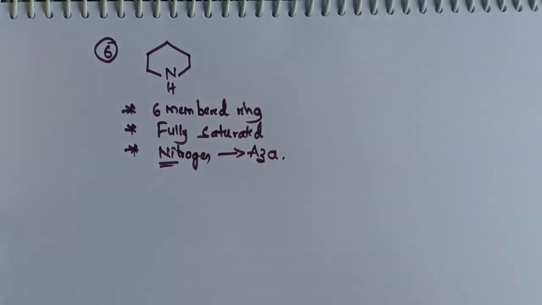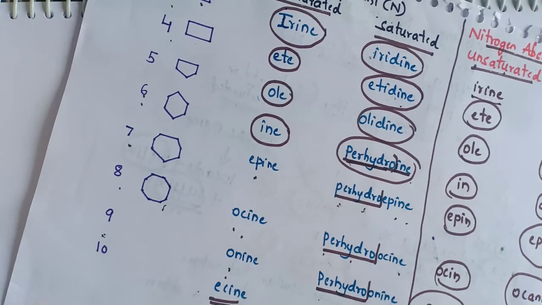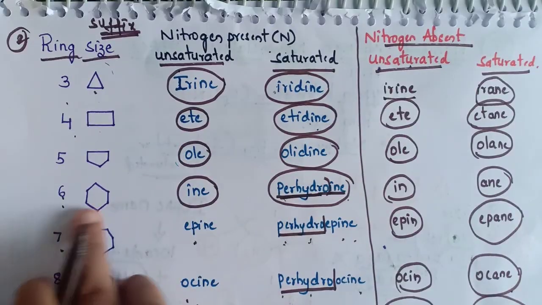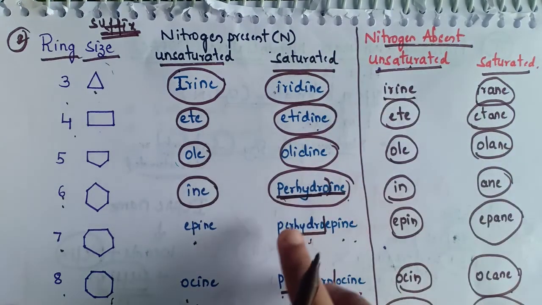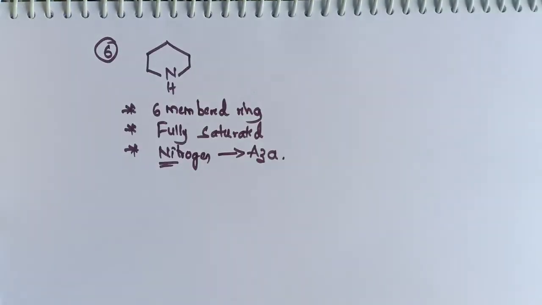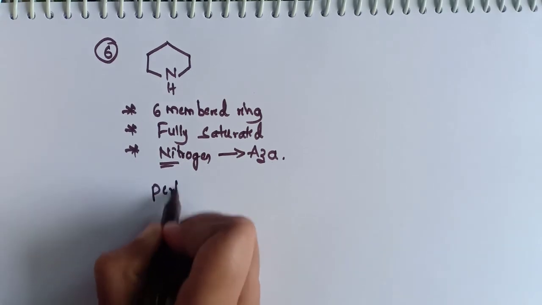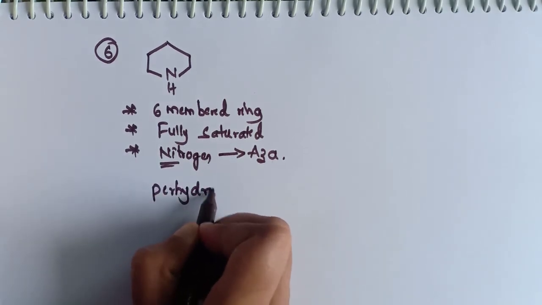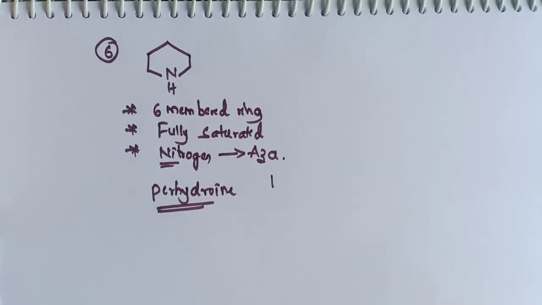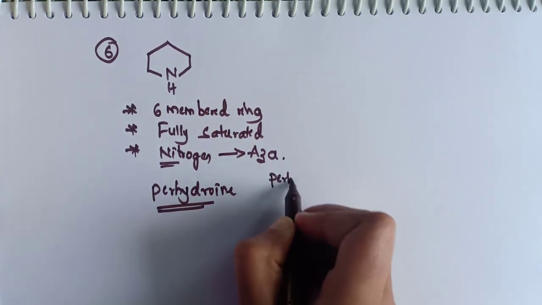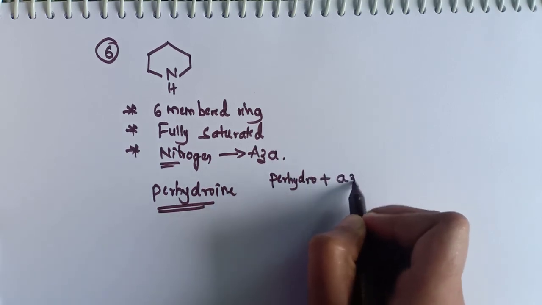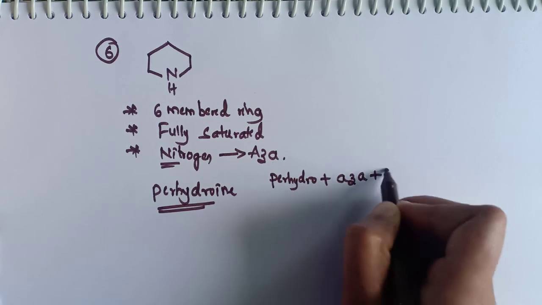Now let's see the table here. For the 6-membered ring that is saturated, it is perhydro. But we should name it with perhydro first, then the heteroatom, and add the ine.